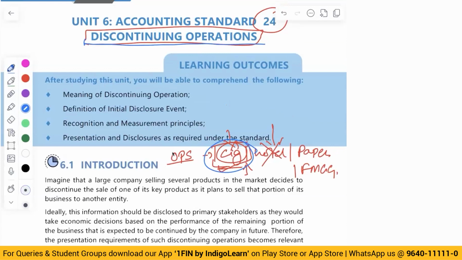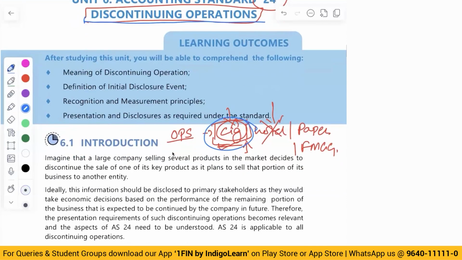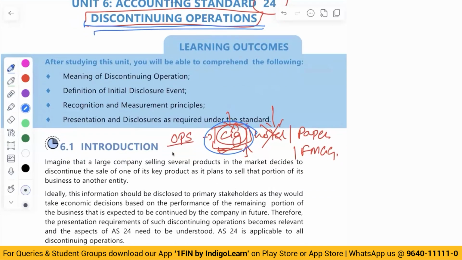For example, Citibank sold its banking operations to Axis. Okay, that could be one scenario. Or I may gradually sell off the assets of an operation such that the operation ceases to exist. Or what I can do is I can actually abandon it. Abandon means do nothing, just leave it as it is and exit from that particular place. So multiple outcomes are possible, which is called discontinuing operation.